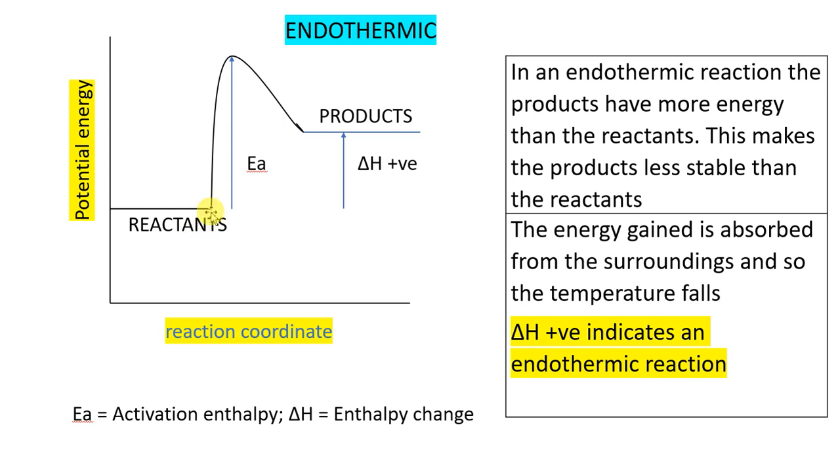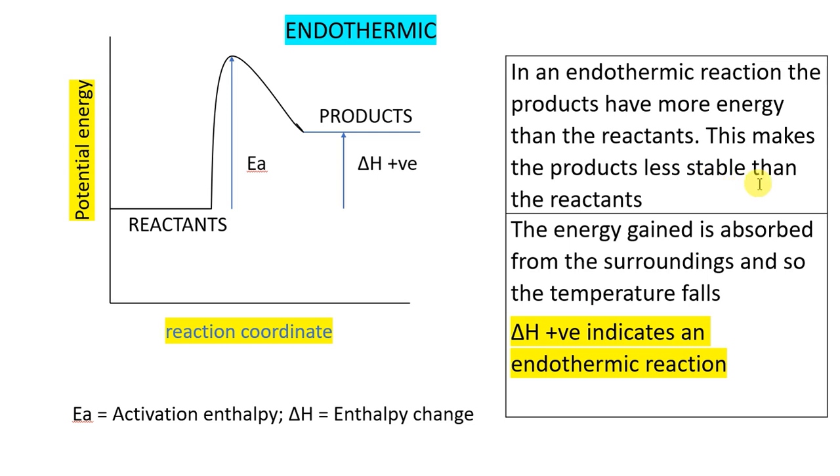I still have activation energy, the minimum energy needed for the reaction to occur, corresponding to the energy required to break bonds in the reactants. Energy released when new bonds are formed in the products. So, in an endothermic reaction, products have more energy than the reactants.